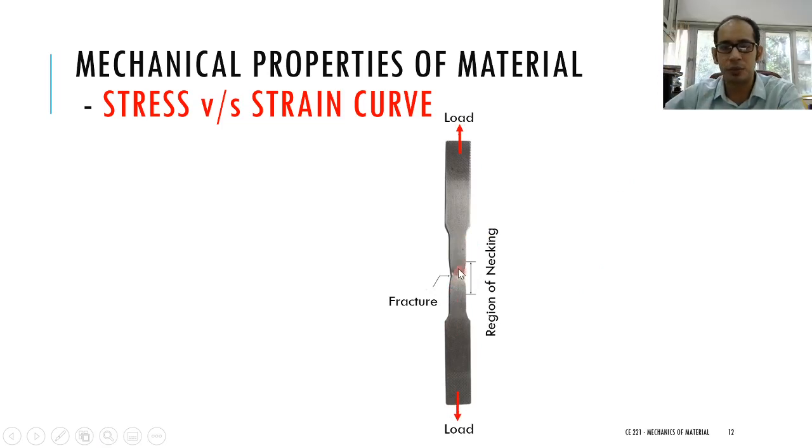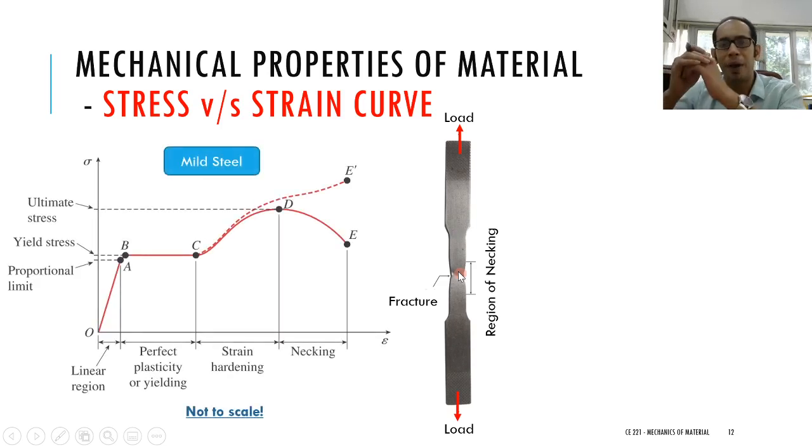Over this entire load path, from when you started pulling the coupon until the fracture, if you keep slowly measuring the stresses and strains, you typically get a curve. This curve is for mild steel. You are probably familiar with it already: it looks something like this.